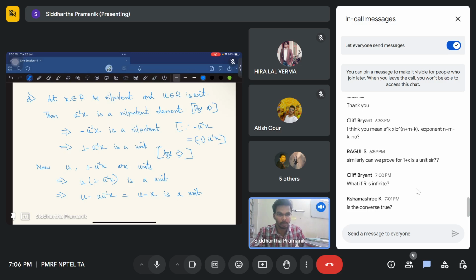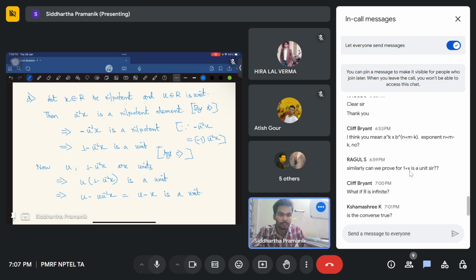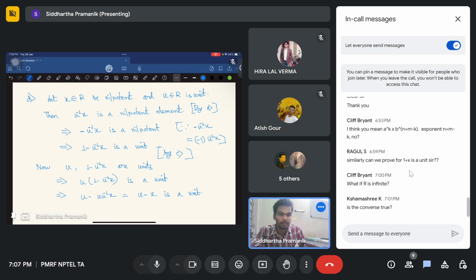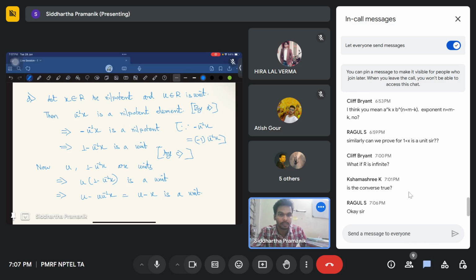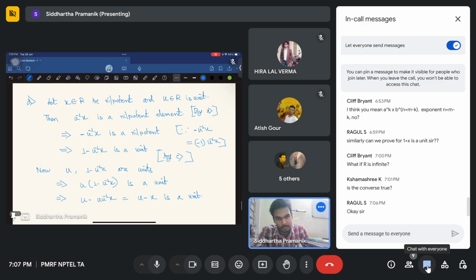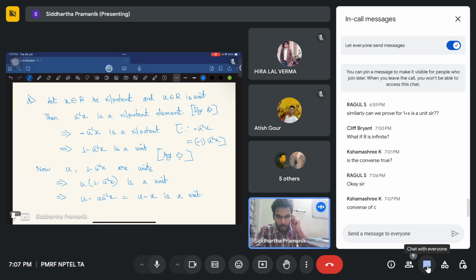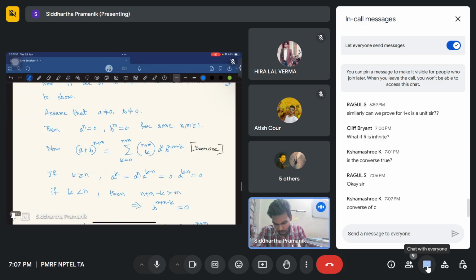Yeah, 1 plus x is also a unit because minus x is nilpotent. Converse of what? Can you state the converse of C? So what is the converse of C?